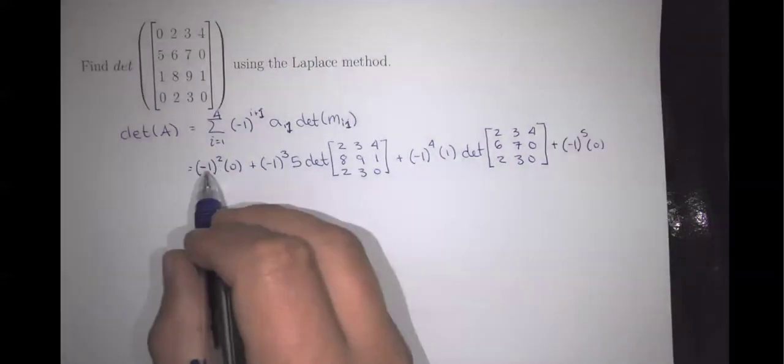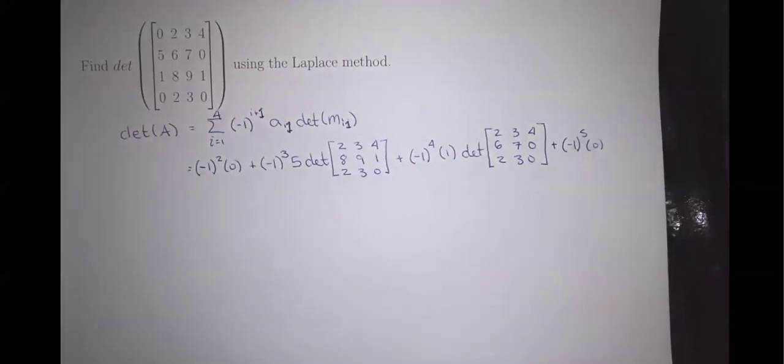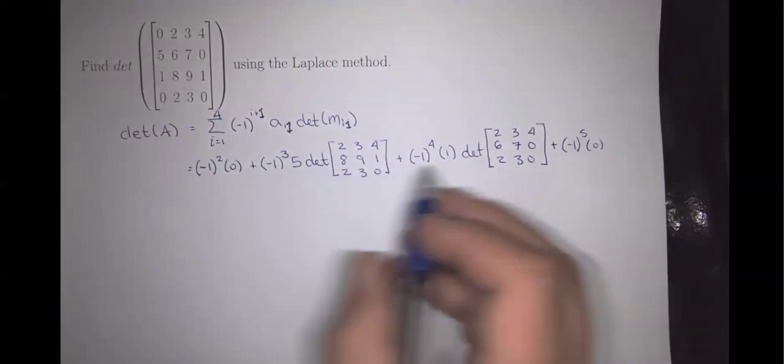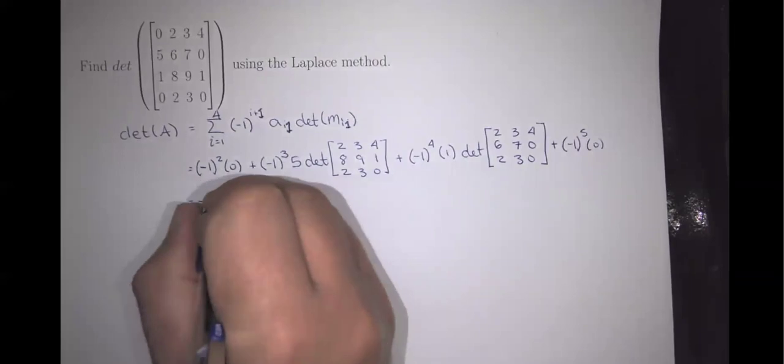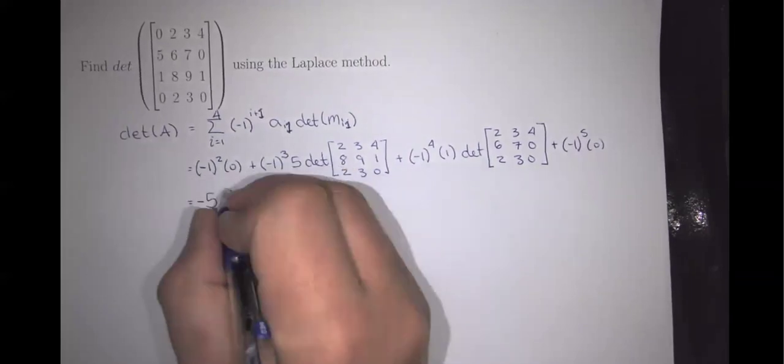Okay, so this term goes away, this term goes away because they're both 0. We only have to worry about these two guys. The first one, -1 cubed is -1 times 5 is -5.